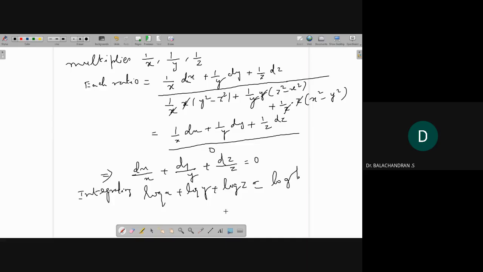So this implies xyz equal to b. xyz equal to b. This is the another independent solution.